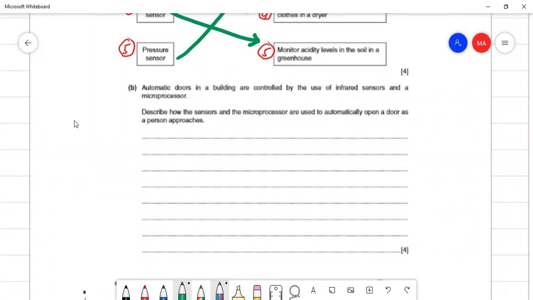Is it clear to all of you? What's the function of infrared sensors?